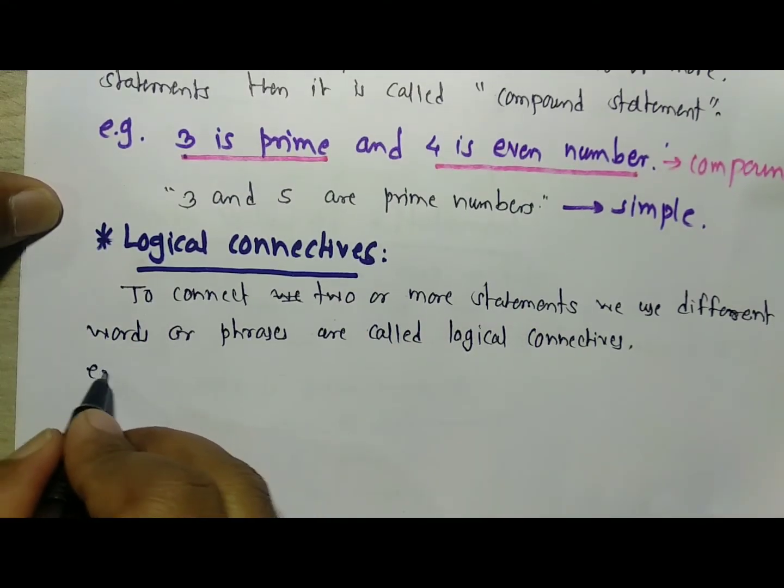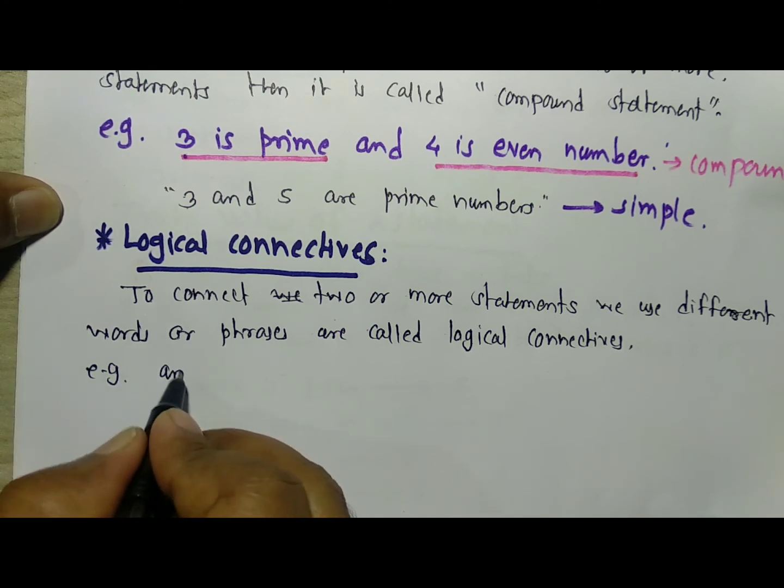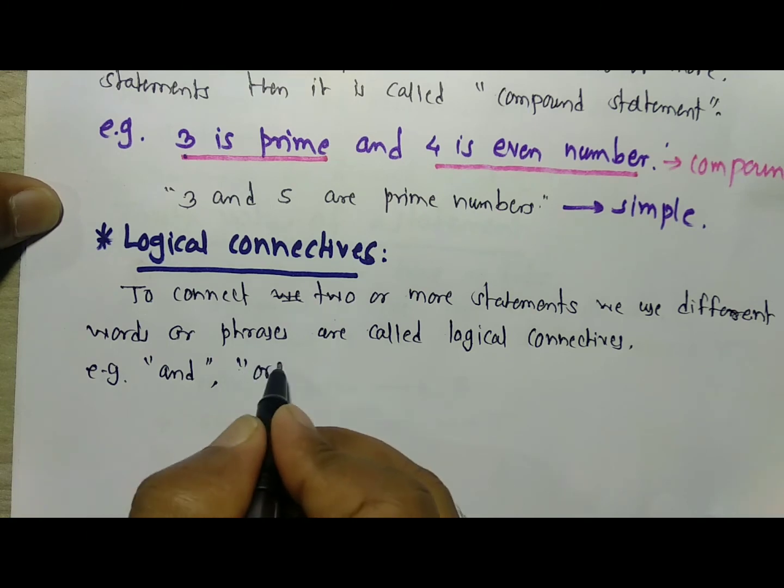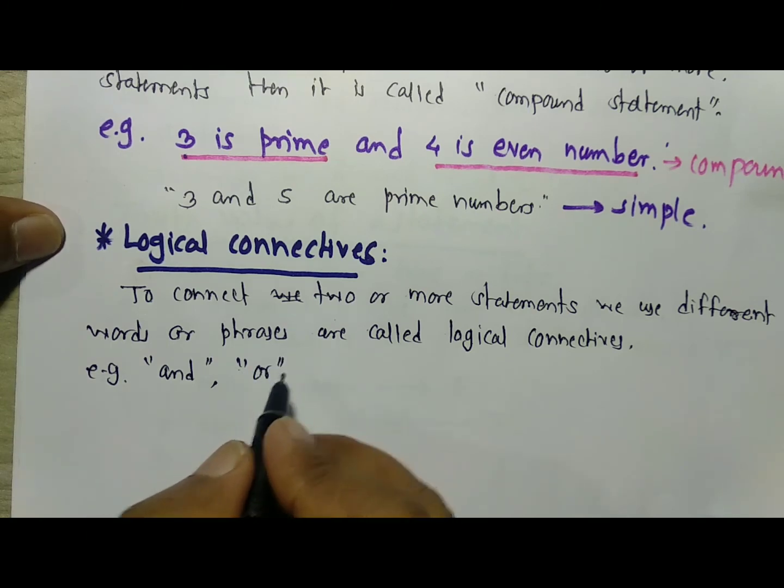For example, we use AND as a logical connective, OR as a logical connective.